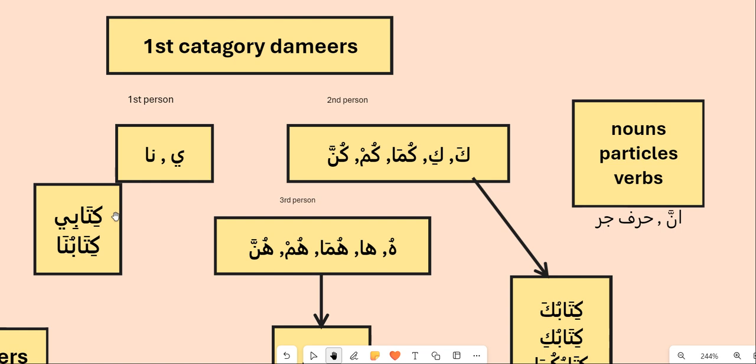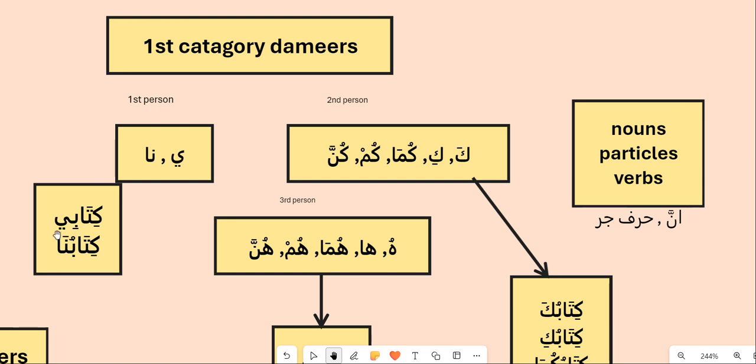So when you want to say my book, kitab plus ya mutakallim will give you kitabi with a kasra below the ba. Now one thing you need to keep in mind, that whenever you have to attach ya mutakallim with any noun, if the noun happens to be in marfu case, or if the noun happens to be in mansoob or majroor case, even then the ba will be forced to take a kasra just because ya mutakallim has been attached.